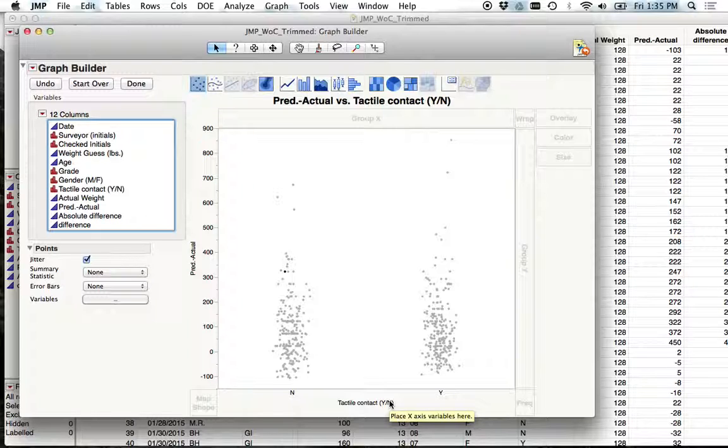Okay. Now let's take a look at this. So this is just tactile contact. Do you notice any real difference here? Those that touched it actually have a pretty high bar here. And it almost looks like there's no advantage to touching it.